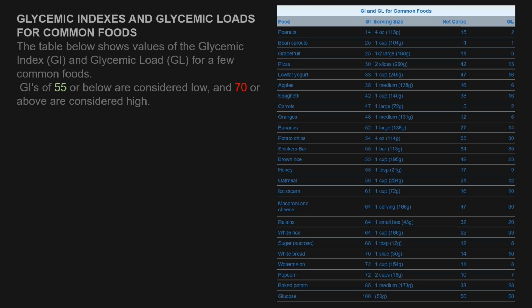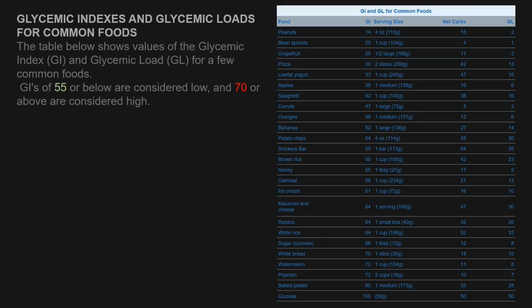GIs of 55 or below, some people would say 50, some would say 55, are considered low, and 70 or above are considered high. Now, these numbers we must understand are used when you are talking about a regular person, someone who doesn't have diabetes.